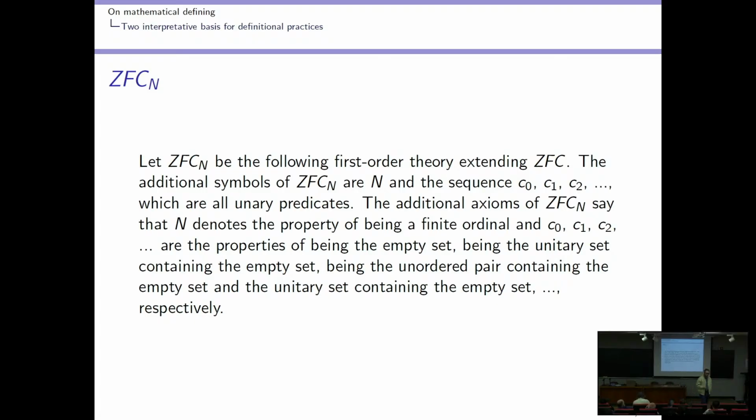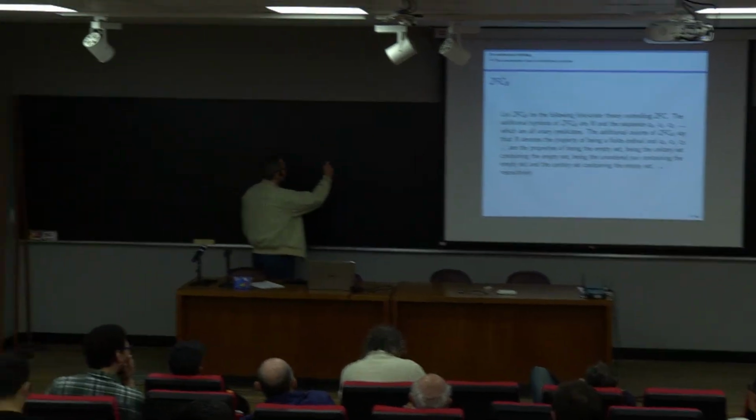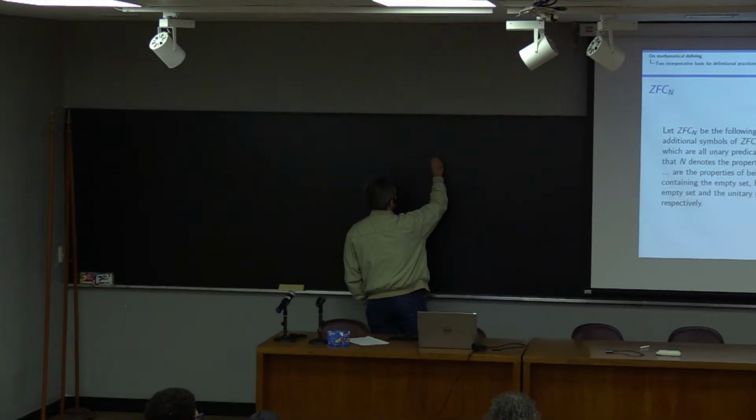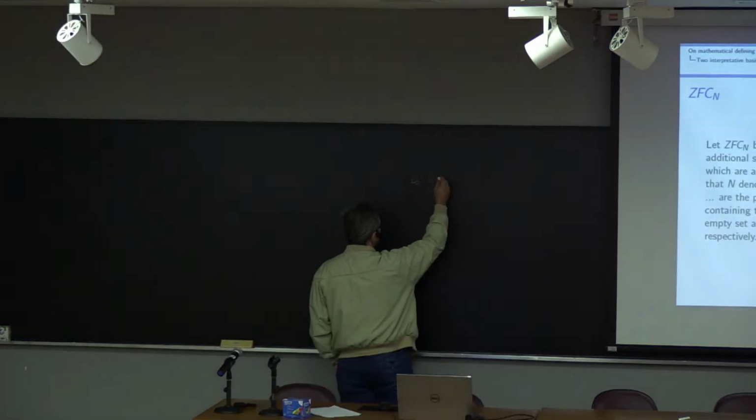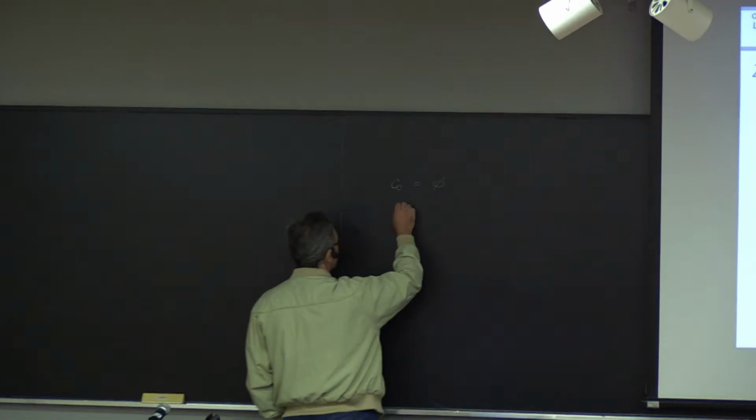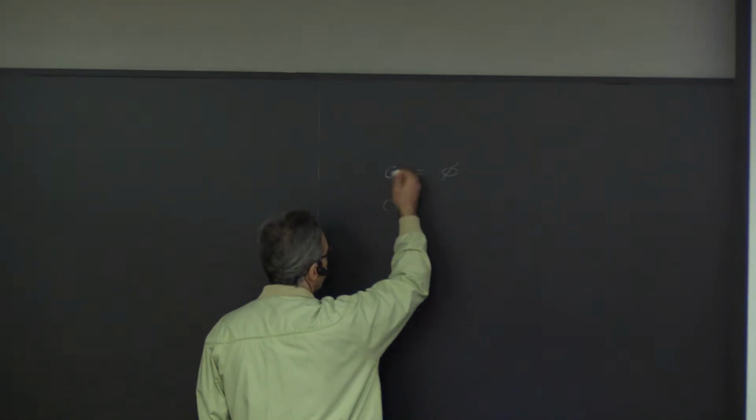That is, n is the least, the difference that I have written yesterday. So C0 is basically the empty set, C1 when interpreted, right?